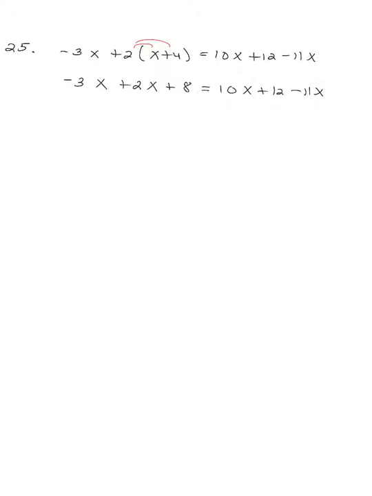Okay, so if I simplify the left, I get negative x plus 8 is equal to negative x plus 12. If I add x to both sides, I get 8 on the left and 12 on the right. Again, this is false, and so this means no solution. We can pretty much stop right there. This did not work.